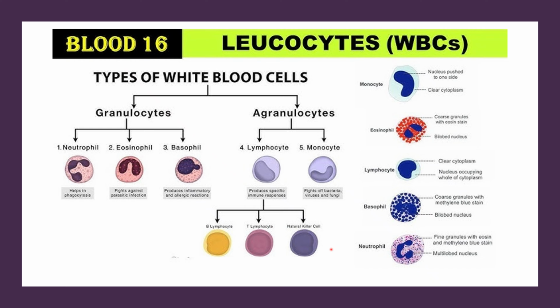And for instance, leukopenia is low white blood cells in the blood, which increases the infection risk. And leukocytosis is high white blood cells in the blood, which indicates infection, inflammation, and leukemia.